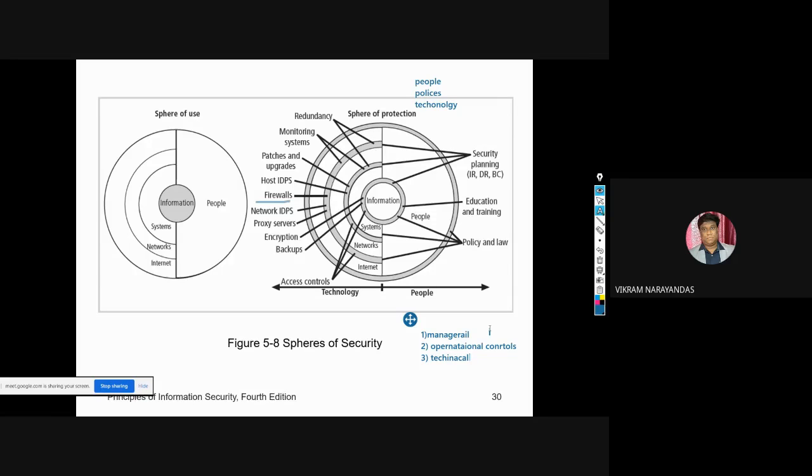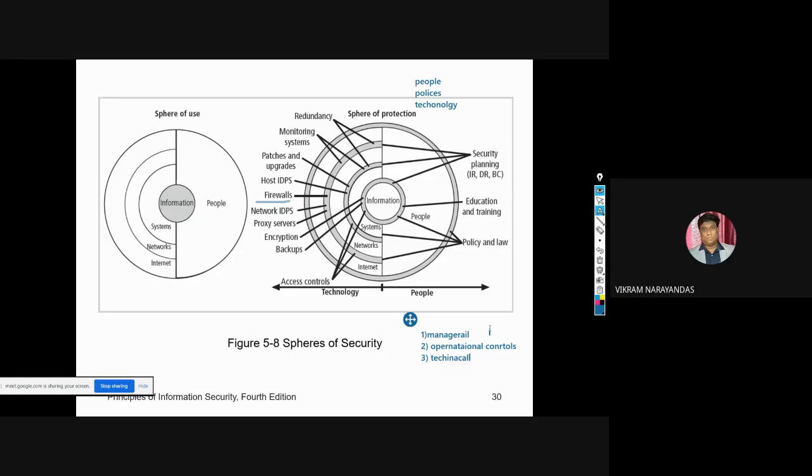So policies are standards which are provided by the organization, upper management. People may be employed or unemployed, and technology may be both technical and non-technical, whatever you are using for your organization.